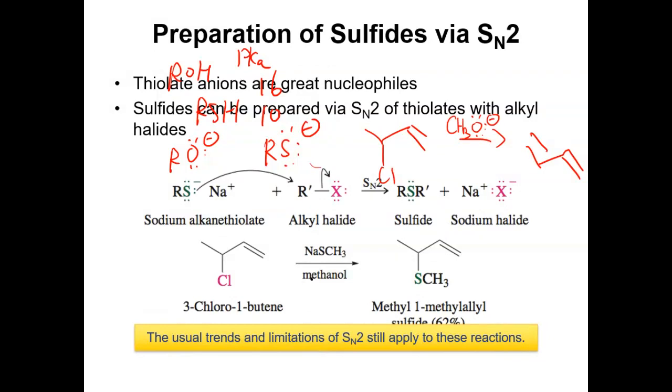Why? Because this alkyl halide is a secondary allylic alkyl halide. It has a stronger tendency to undergo E2 reaction compared to this one. So these two alkyl halides both are secondary, right?